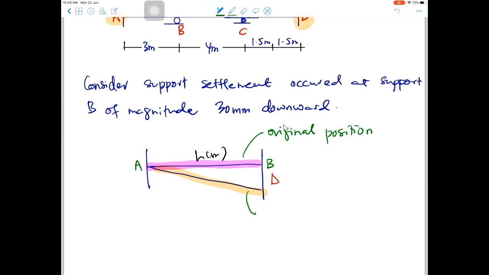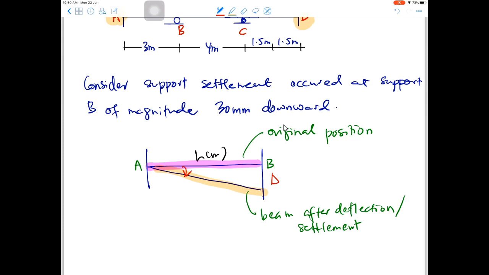Okay, this is the beam after deflection or after settlement. And the angle that the beam actually rotates, the beam rotates from original position to new position, and the angle is clockwise.